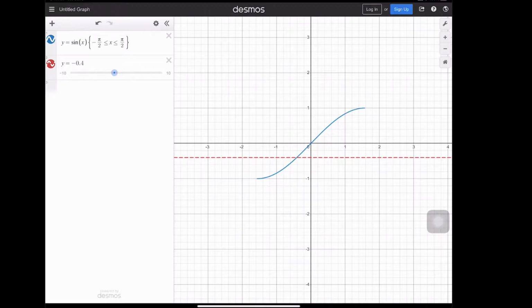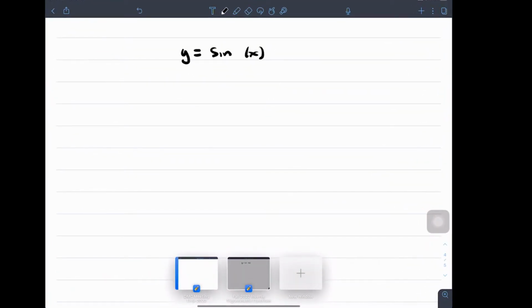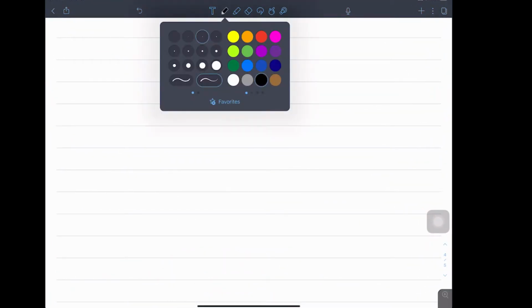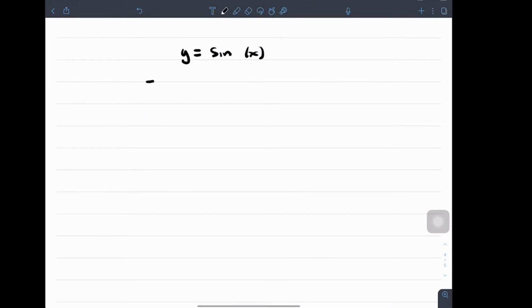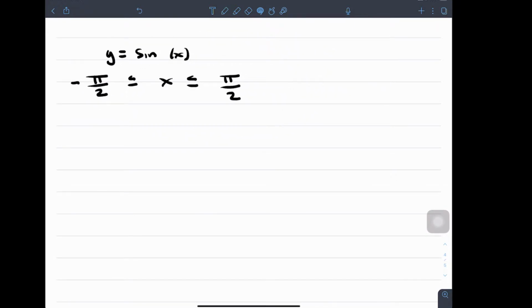Okay, so take a look at that. Isn't it 1-to-1 by the horizontal line test now? Okay. So when you see this, you know what you'll always see? They'll have a restricted domain. This is your restricted domain here. Okay? So they're going to always give this to you this way in every trig book.